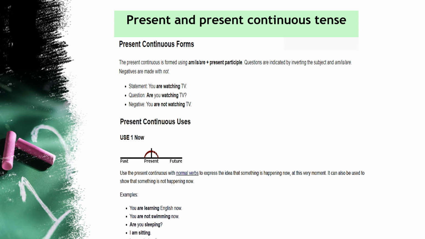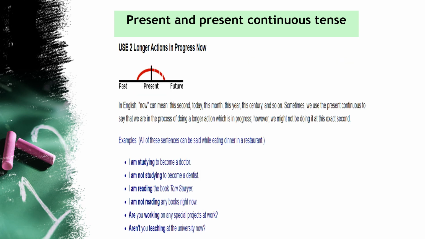It can also be used to show that something is happening now. You are learning English, on the same idea. You are doing that thing for a while, and it does continue for a while. You are not swimming now. Are you sleeping? I'm sitting. It is used for a longer action in progress now.